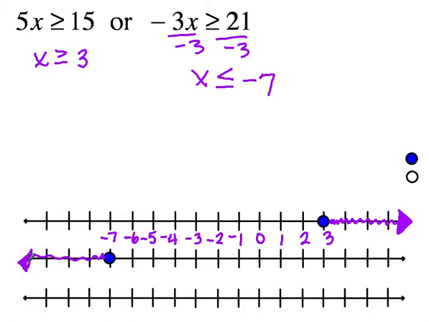Will there always be one going one way and one the other? Sometimes they both go the same way. And that doesn't change anything. There's your one half of the solution. Here's your other half. Now, imagine that you had a closed circle here at 3, and let's imagine we had an open circle here at 0.